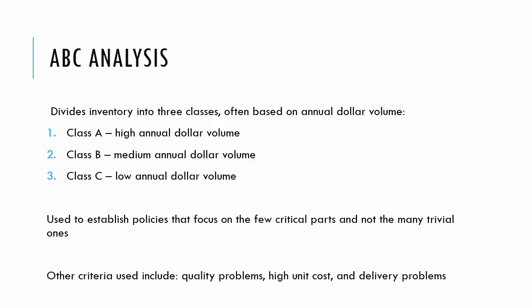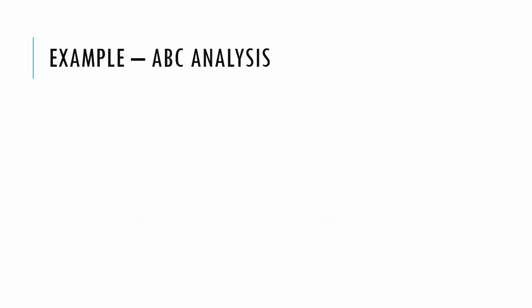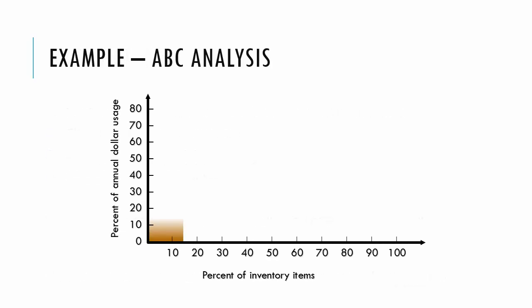We might do ABC analysis on something other than annual dollar volume, such as quality problems, so I go back to Chapter 6, or high unit cost, so maybe we're not turning it over a lot, but each item costs a lot of money, or maybe even delivery problems. Here's an example of ABC analysis.